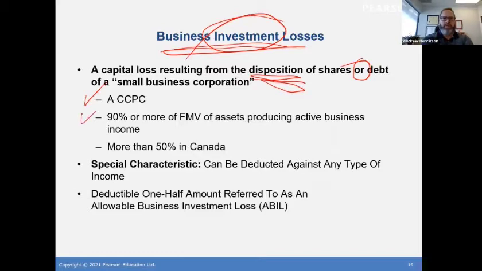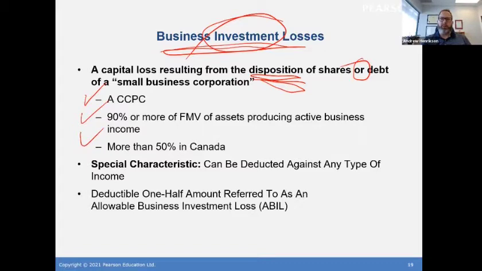You have to have 90% or more of the fair market value of the assets being used to produce active business income. In other words, this shouldn't be just an investment business. This should be an active business that is engaging in some sort of trade. And the last one, more than 50% of it happening in Canada.